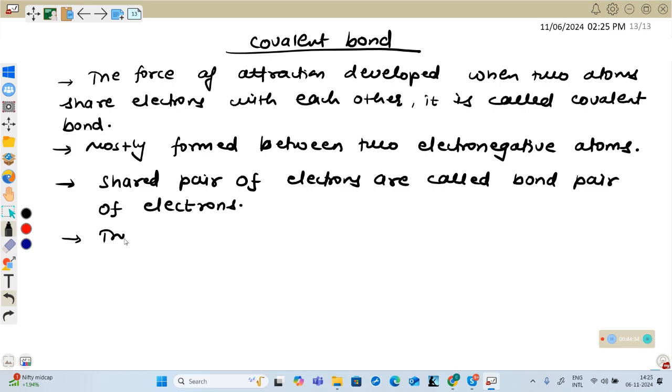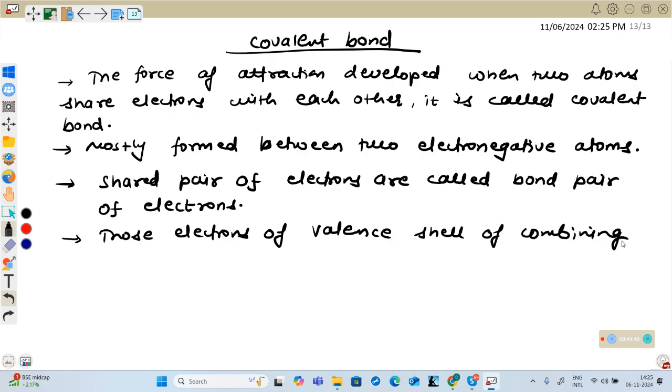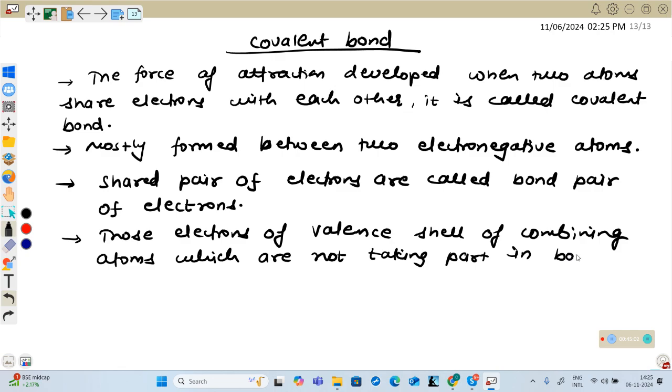And those electrons of the valence shell of combining atoms which are not taking part in bond formation are called lone electrons.